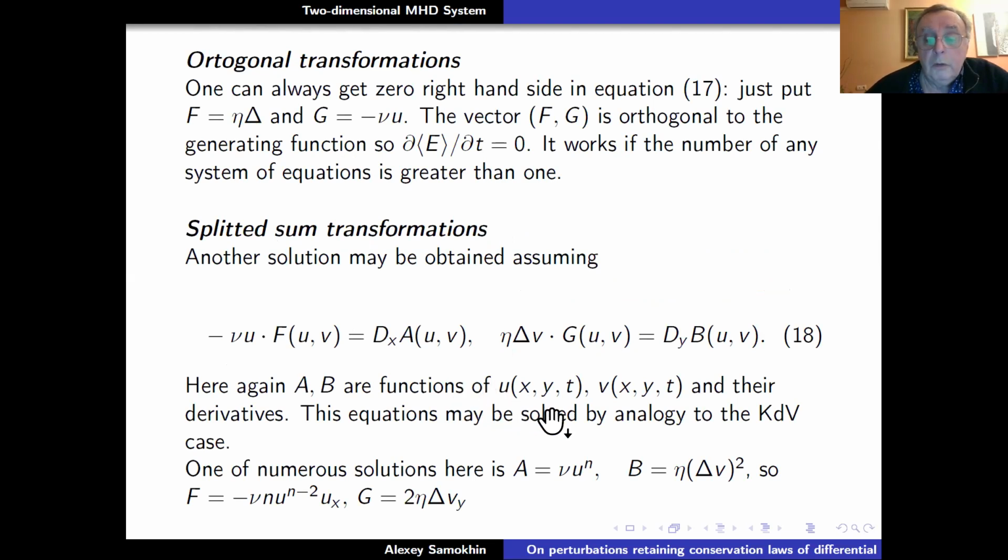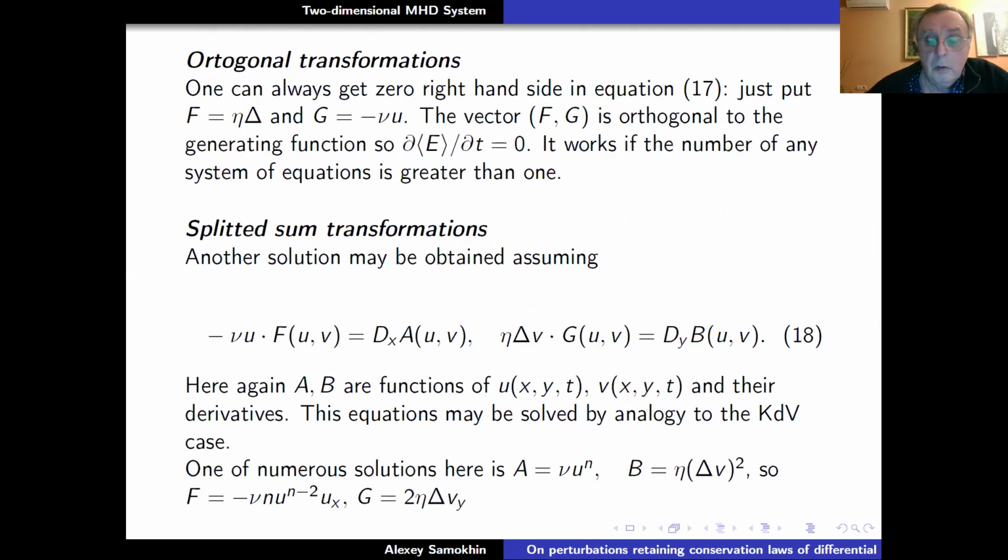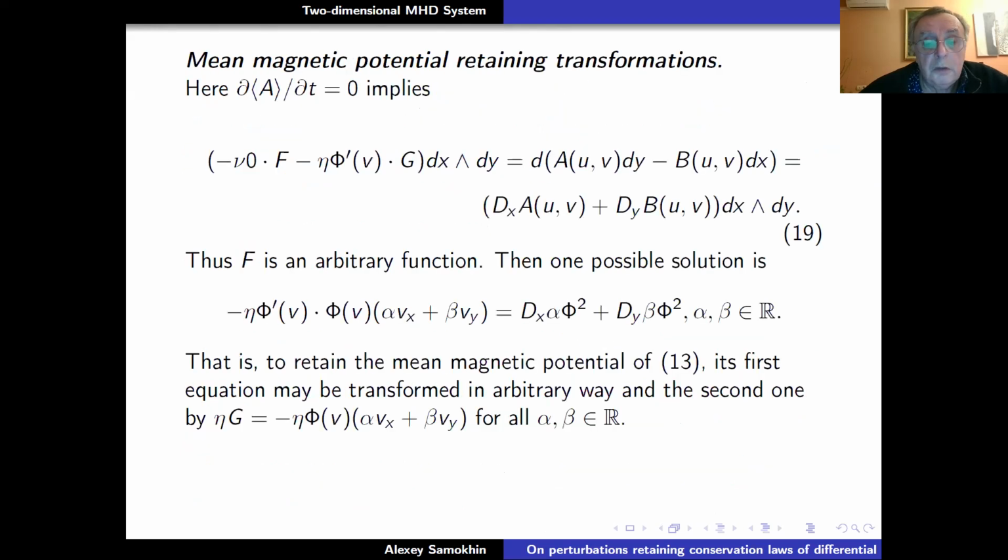There are a lot of solutions to this system, and for instance, we can choose A and B in such a way and obtain the deformations of such a form that this deformation retains energy.